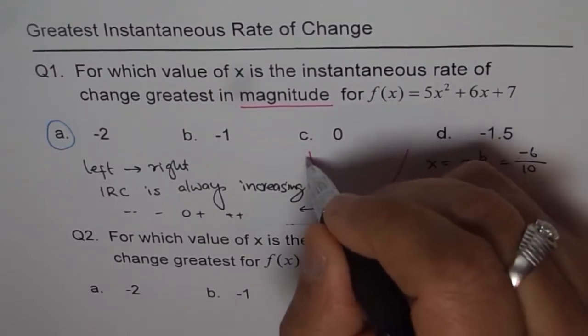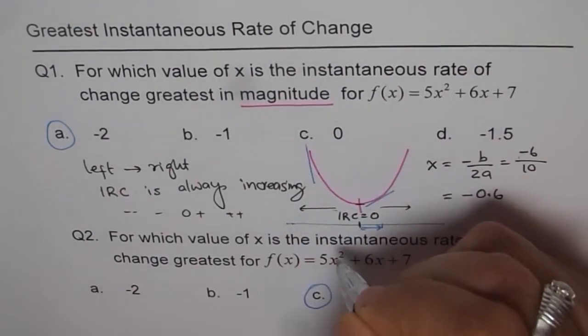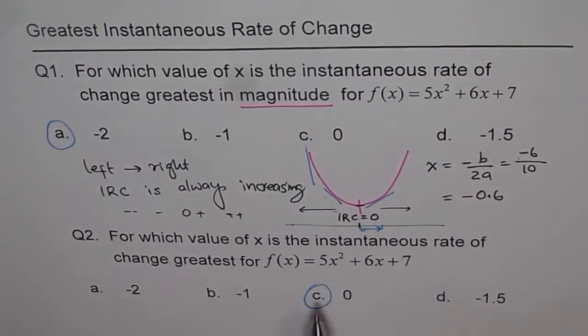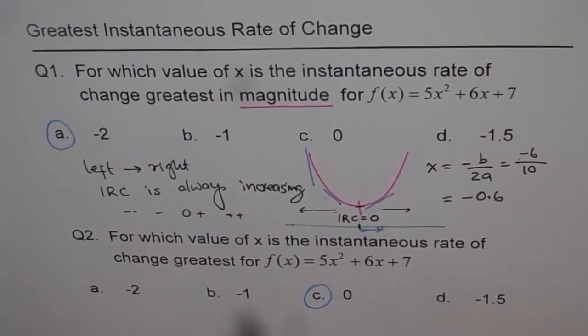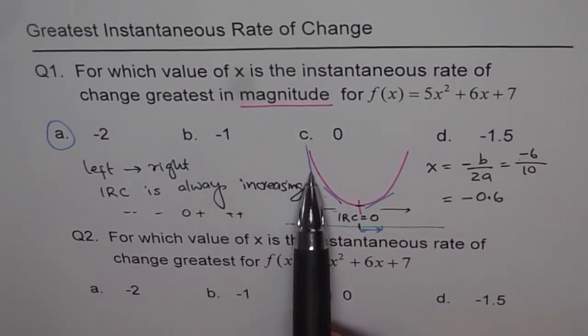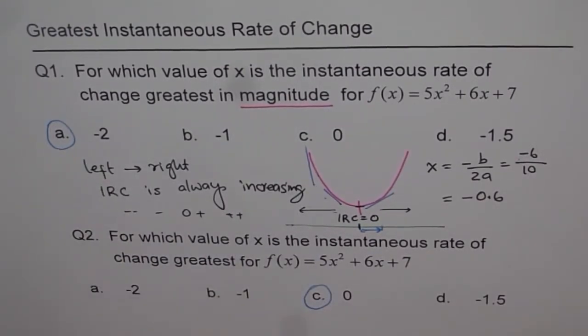Maybe lesser, not that steep, but still it's positive, and the other is negative. And therefore, when we say greatest instantaneous rate of change, that becomes our answer. But when we say greatest magnitude, then we are looking for the steeper one, and minus 2 is our answer.